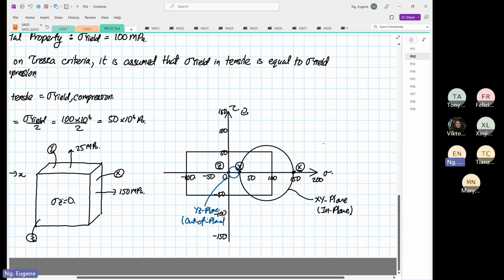What is even worse now is there's another circle that we're going to draw. So let's say if you were to ignore 3D Mohr circle, the material will already fail. But the magnitude of failure is not that big because the shear stress for now is, if you look at this, 150 minus 25 divided by 2, which is 62.5 megapascal.